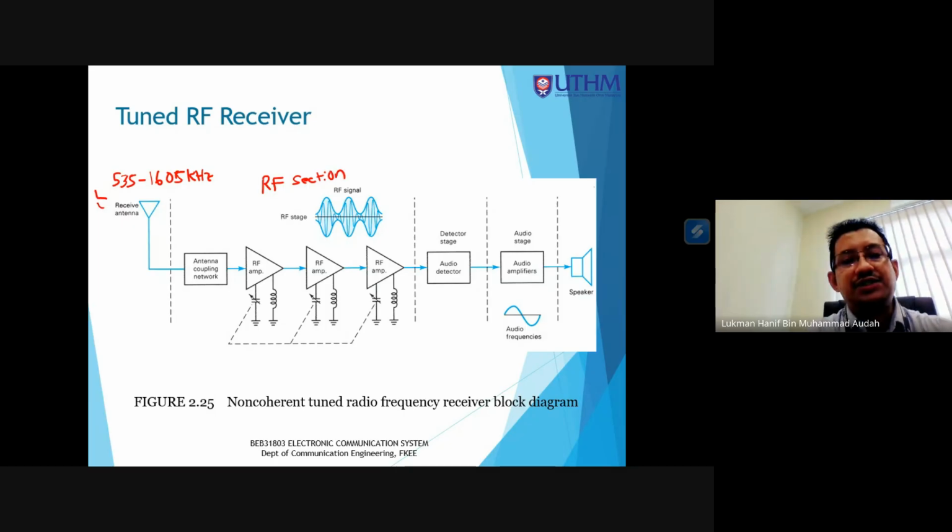The RF section will amplify the input signal. There are three cascaded amplifiers, all of which will amplify the input signal, and then it will be passed through the audio section.